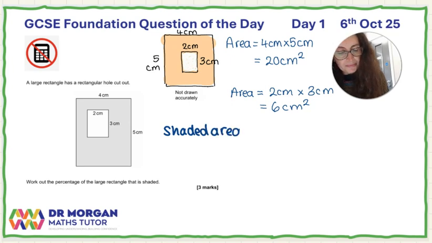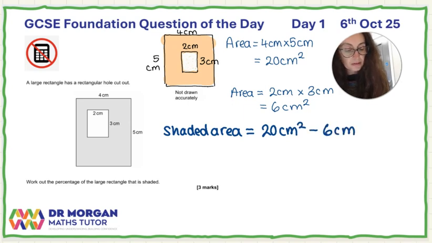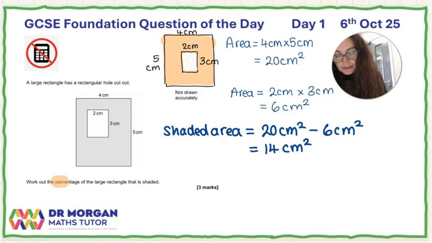If I do that, I get the area of the big rectangle take away the area of the small rectangle, which is going to be 14 centimetres squared. Now, I've got to work out the percentage of the large rectangle that is shaded. So I'm going to look at the fraction that is shaded to start with.